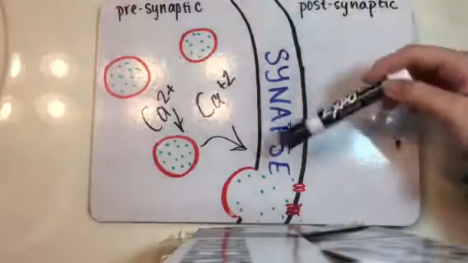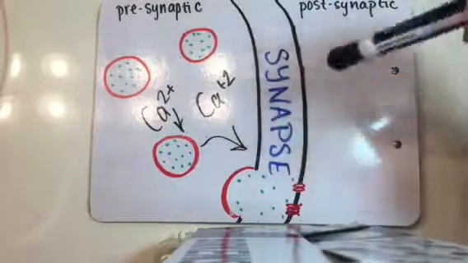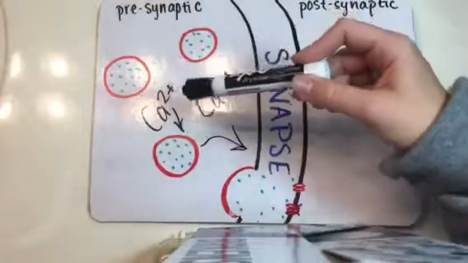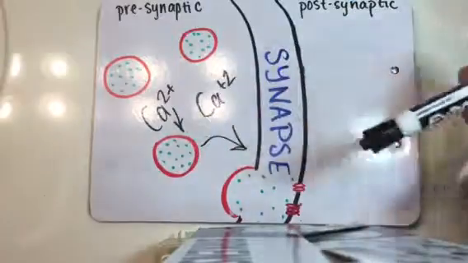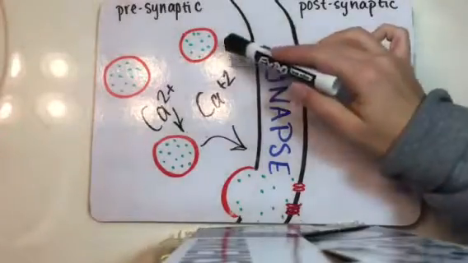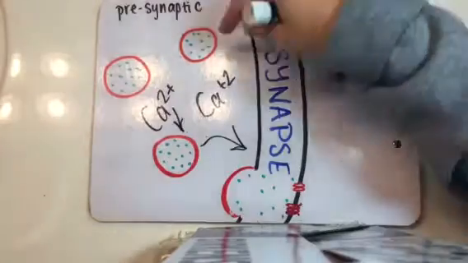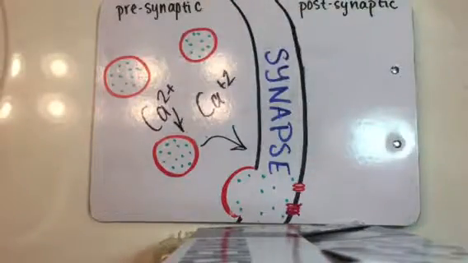You might just have enzymes in the synapse that break them down and take the little building blocks and send them back in where they can be repackaged into vesicles. You might just have a more direct mode of reuptake in this presynaptic neuron, where it just takes the neurotransmitters right out of the synapse back in and packages them into the vesicles.